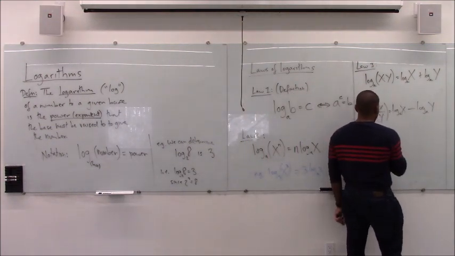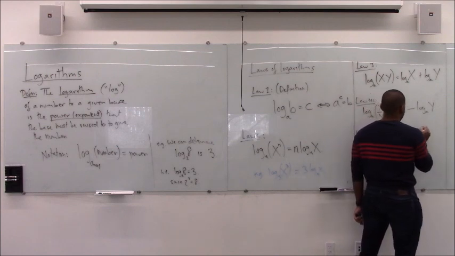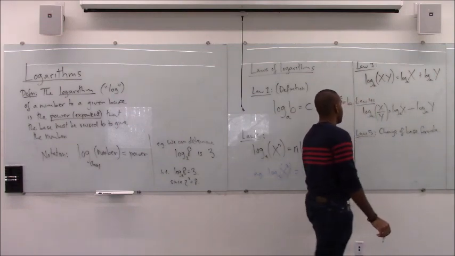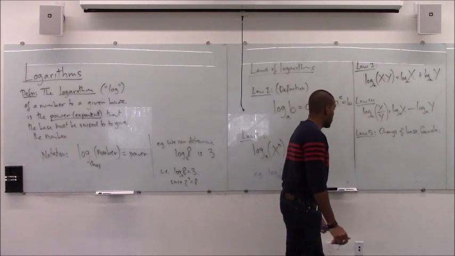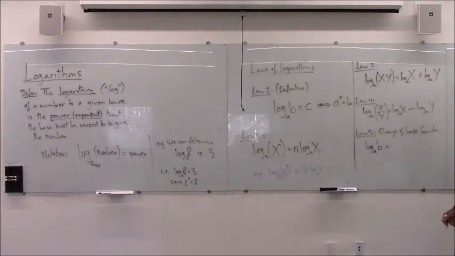Law 5 is called the change of base formula. It's the formula that allows us to change the base of the logarithm we're working with. Because sometimes if you're working with a certain base, it might be convenient for you to use another base.